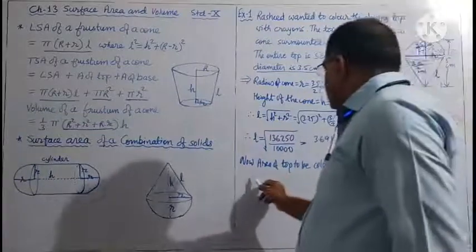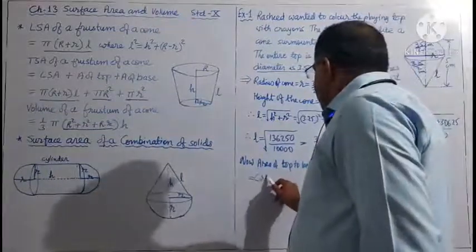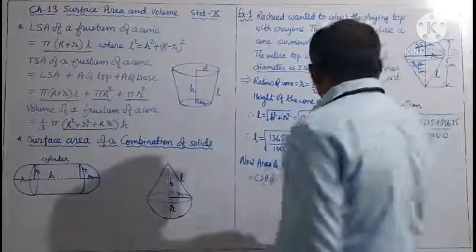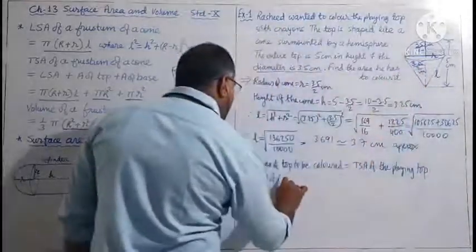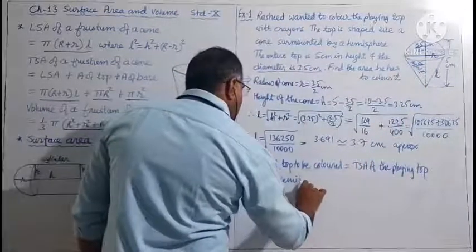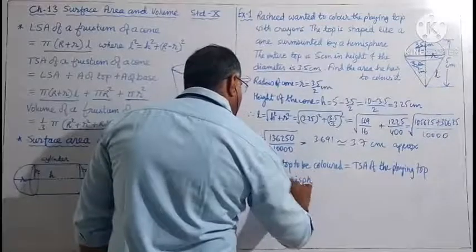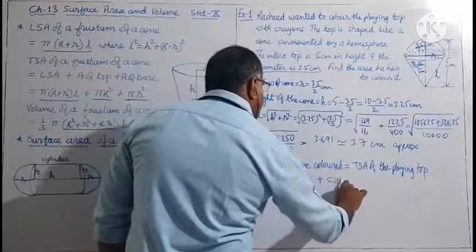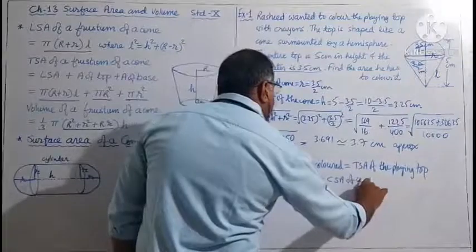So that is equal to curved surface area of hemisphere plus curved surface area of cone.